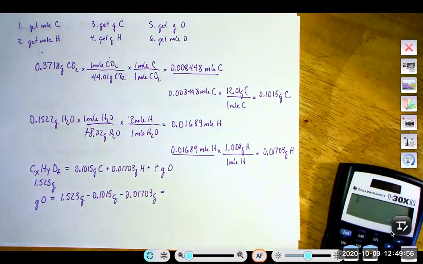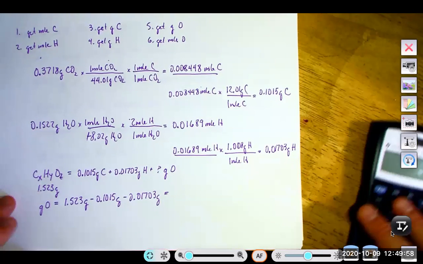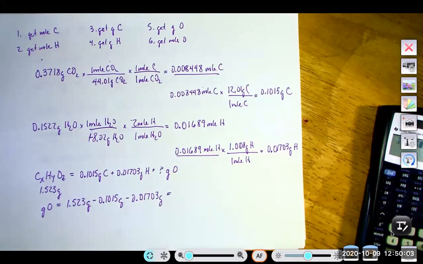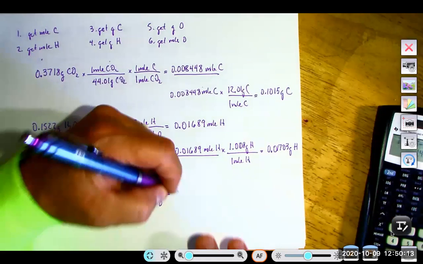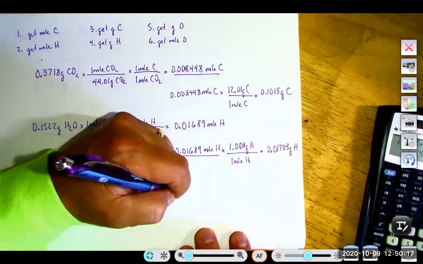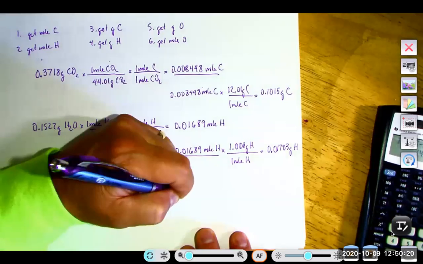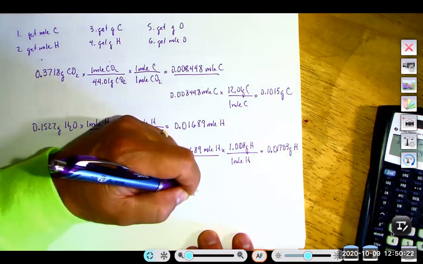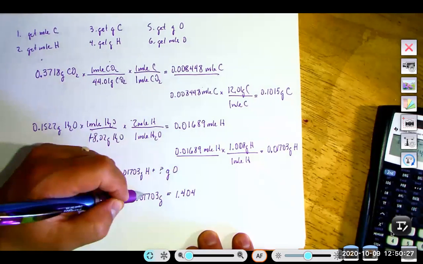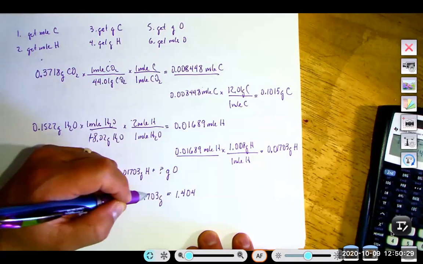Okay, so let's see what we get here. I get 1.404 grams of oxygen.